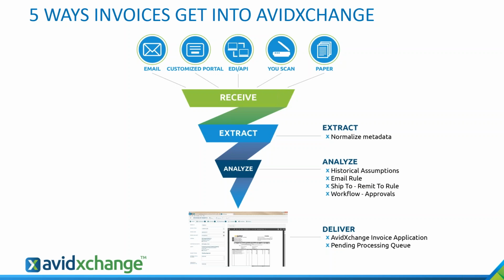Some of our customers do prefer to scan paper, which I think is probably one of the most painful processes in this entire AP workflow. But certainly if you want the ability to scan your own invoices, we have a reduced rate for that. You can scan your own and then email them or send them up to us to process. And then last but not least, we do have a payables lockbox facility. We have them also on the East Coast, West Coast.